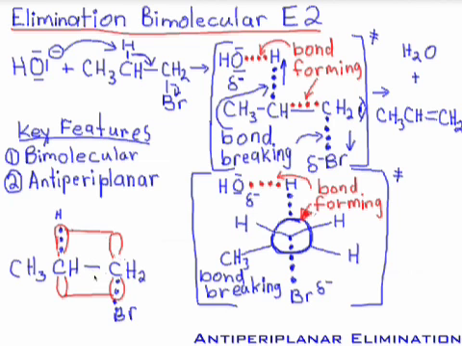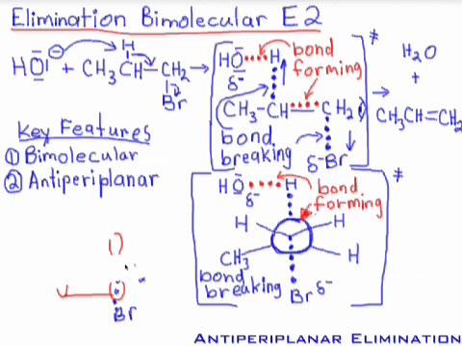And these overlapping 2p's lower the energy of the transition state, that is, as they're forming. So antiperiplanar elimination allows a lower energy to the transition state, allowing the formation of the pi bond. That is, the alignment of the groups is correct to allow for the formation of the pi bond.